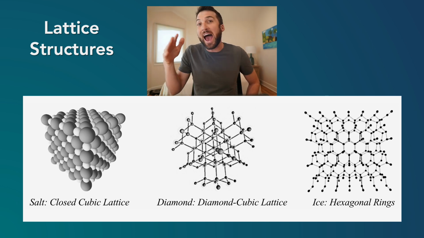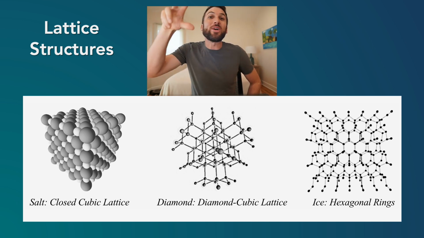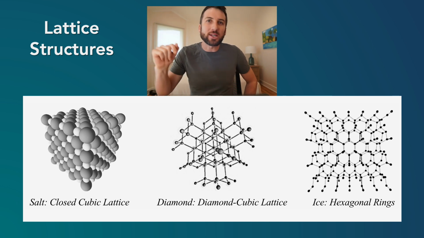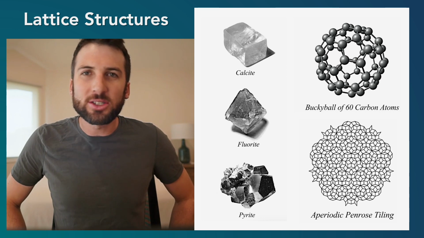So this is essentially half of a cubic lattice, right? If you take the tetrahedron with a point in the middle as well, the body-centric, but only take half of them, then you would get this diamond cubic lattice. Ice is another type of crystal commonly seen, and this forms in these hexagonal-like rings.